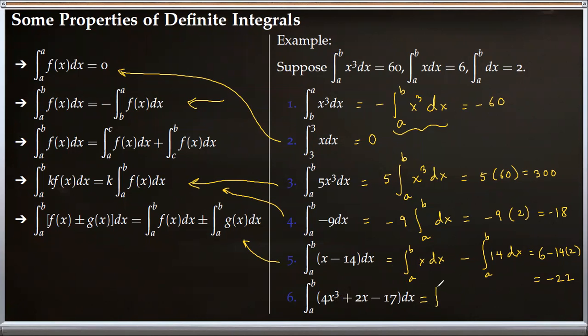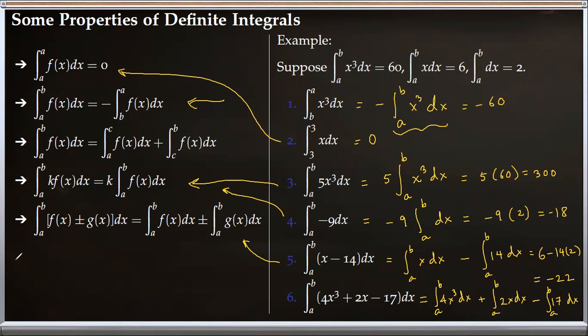So this will look like integral from a to b of 4x cubed dx plus integral of 2x from a to b minus integral of 17 from a to b.